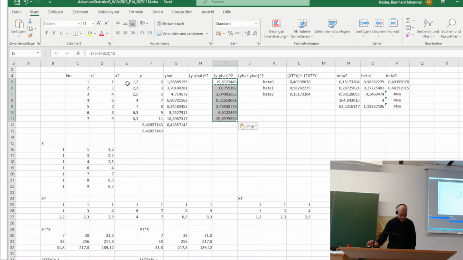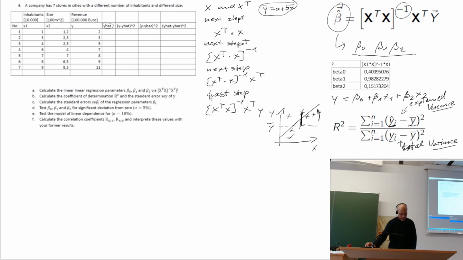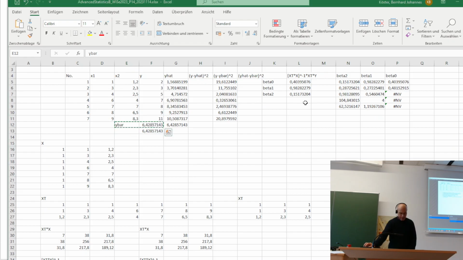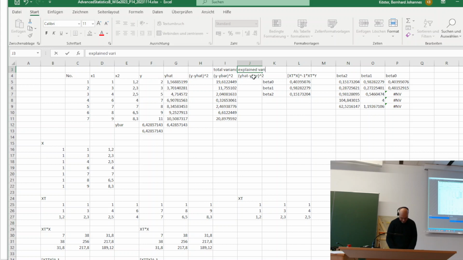Then we can go down. So y bar, this we just put also here that we know it. So all the data we need. So this is then the total variance, and this is the explained variance.